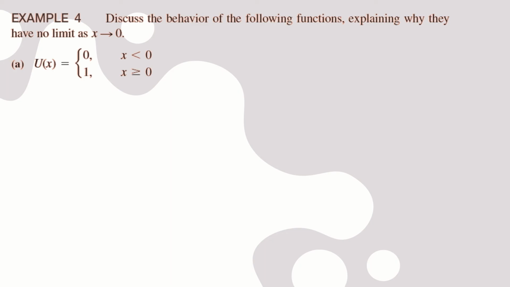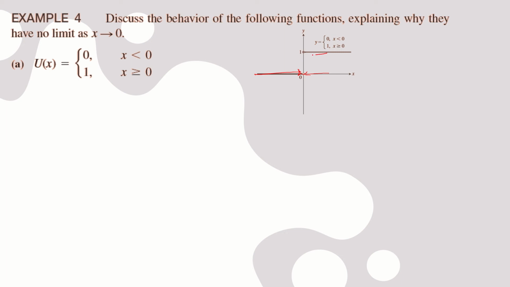So you see the left side graph will be what? That is simply the function equal to 0, so the graph will be along the x-axis like that. This is the graph of u of x equal to 0, whereas on the right side its value is 1.